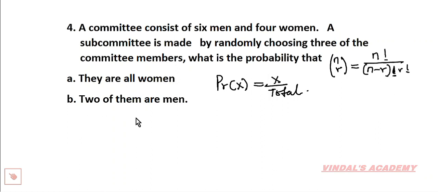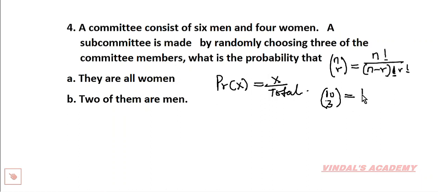Now that means I need to find choosing 3 out of 10 members. I'm going to do that here. So I'm choosing out of 10, I'm choosing 3 because they say 3 are chosen. Choosing or selecting them is combination. It's not going to be permutation.